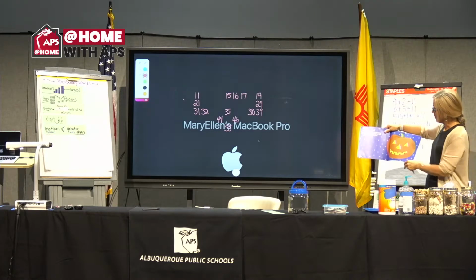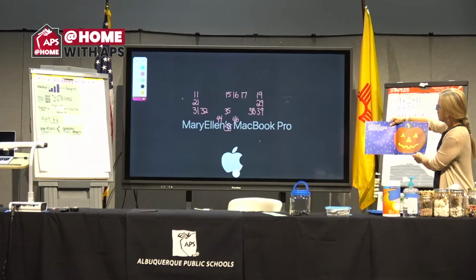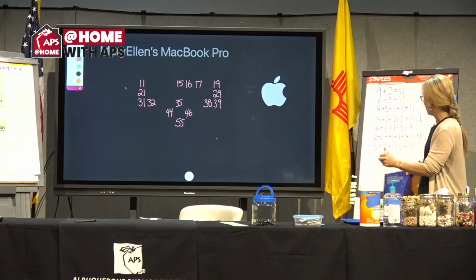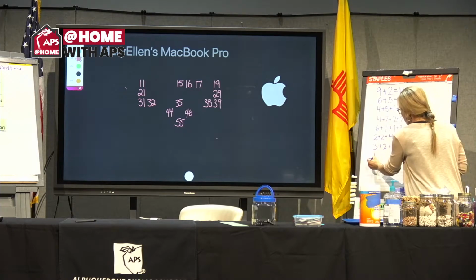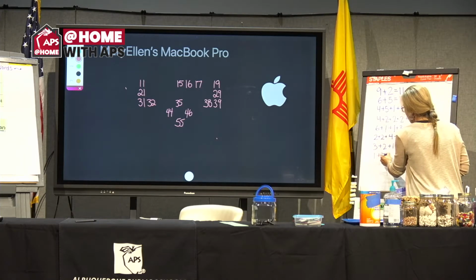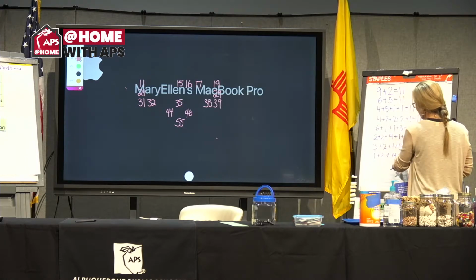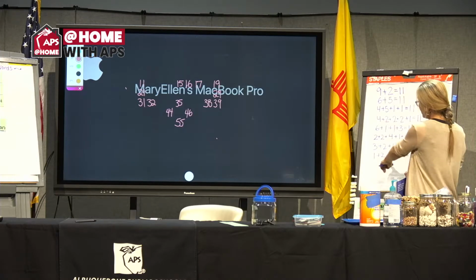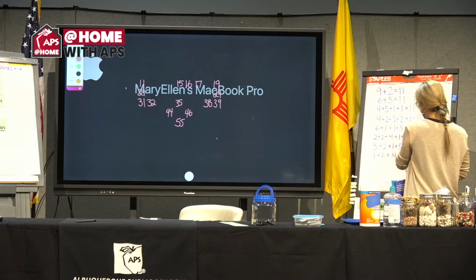Our jack-o'-lantern. We had a nose and 2 eyes, 4 teeth on the top and 4 on the bottom. So a nose, 2 eyes, and then a 4 and a 4 on our teeth. We have 8 there, right? 4 and 4 is a double. 2 more makes 10, and 1 more makes 11.